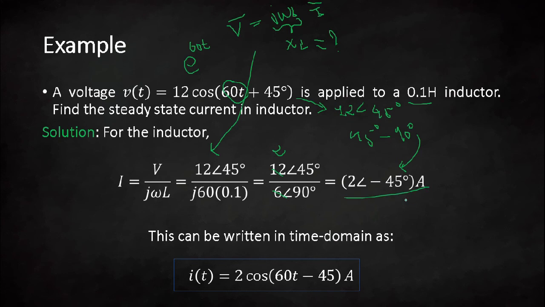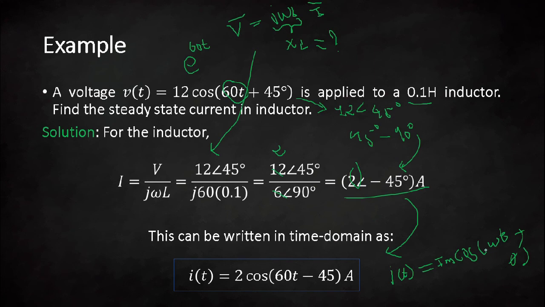Now this is in the form of a phasor. If you are asked to represent it in the time domain, then I of t is equal to, let me write down the conventional equation, I of t is equal to Im cos(omega t + phi). Here Im means the peak value.